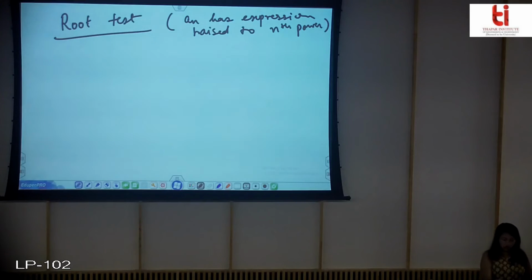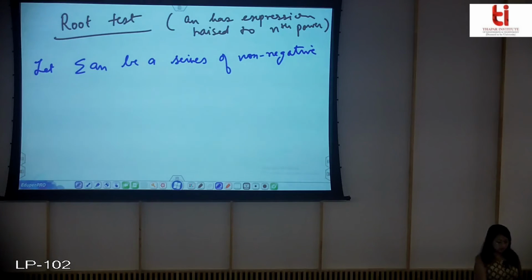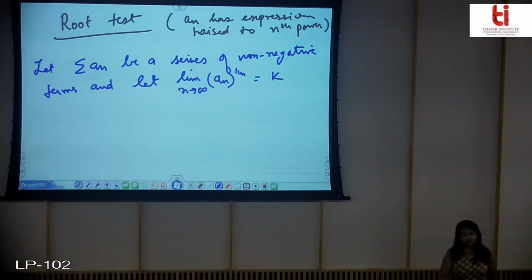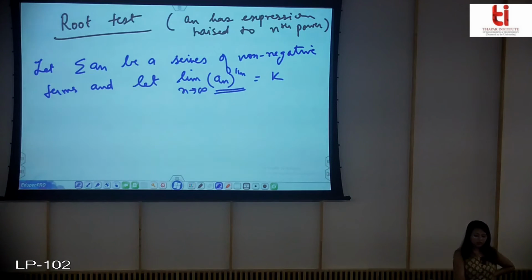So what does it say? Again let a_n be a series of non-negative terms, and let, now what have you done? You are not finding the ratio, you are finding the nth root, like this: a_n to the power 1 by n is equal to some constant k.